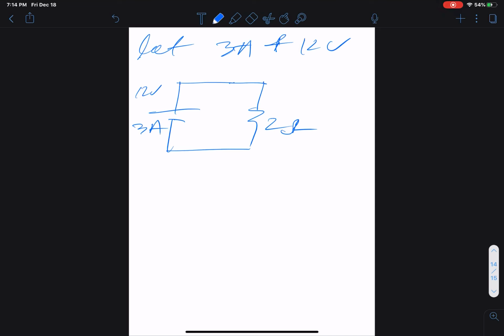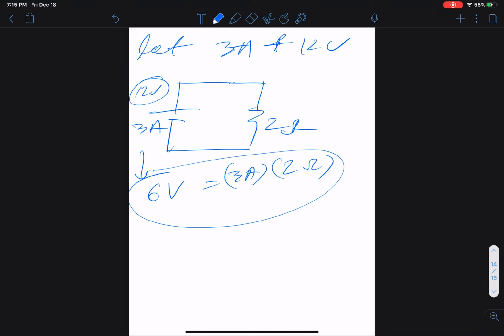With 12 volts, you right away hit the limit of 3 amps, so you stay there. Your current is 3 amps, your load is 2 ohms, so you have 6 volts. Your supply will be 3 amps, 6 volts with the 2 ohms.